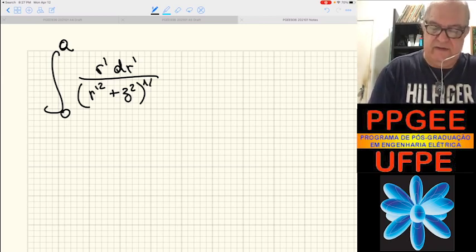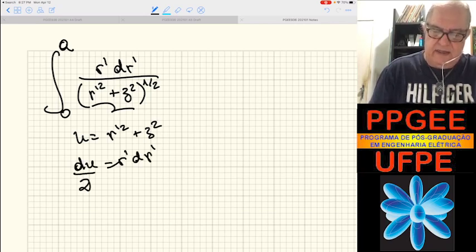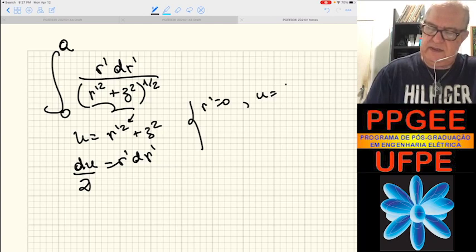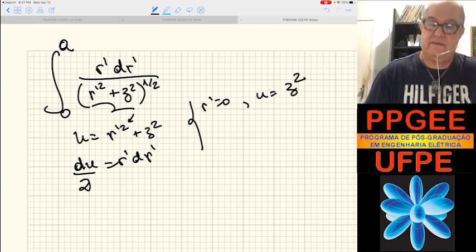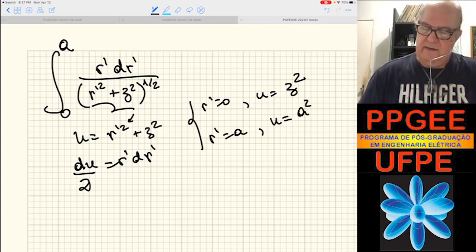So this is 1/2. So you can call this u, du over 2 equals to r prime dr prime. So limits: r prime equals 0, u equals to z square, right? R prime equals a, u equals to a square plus z square.